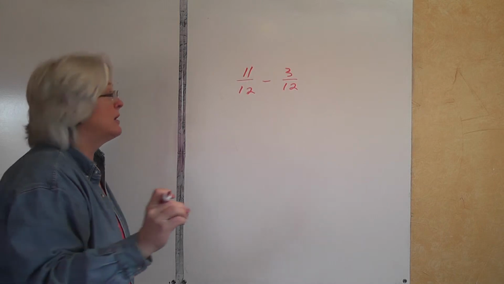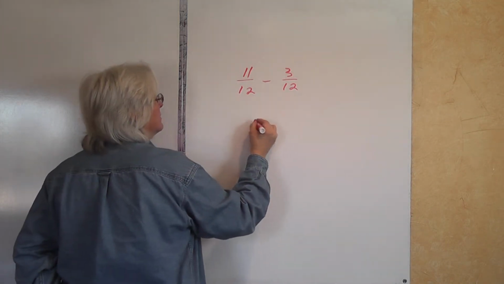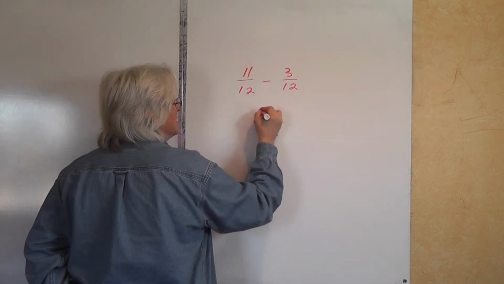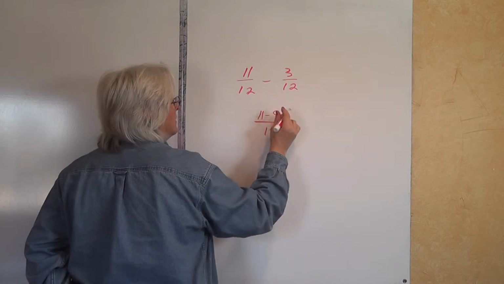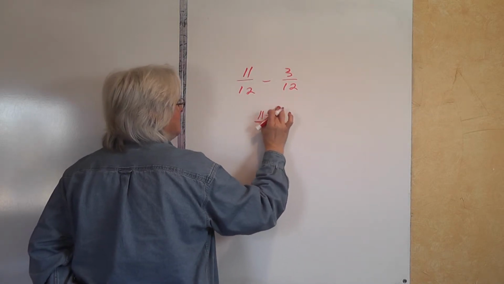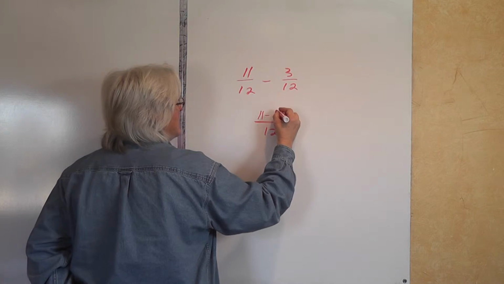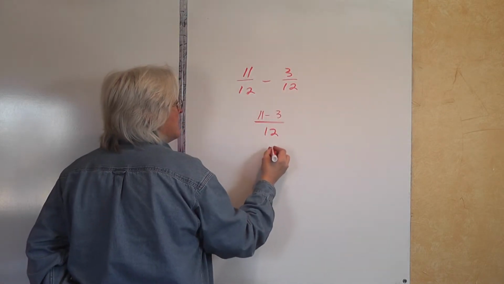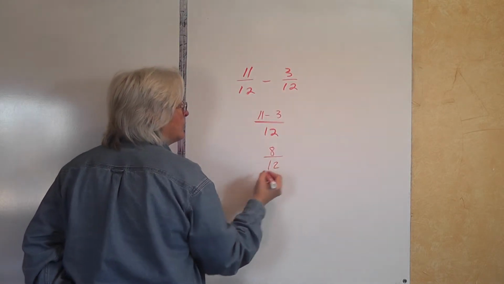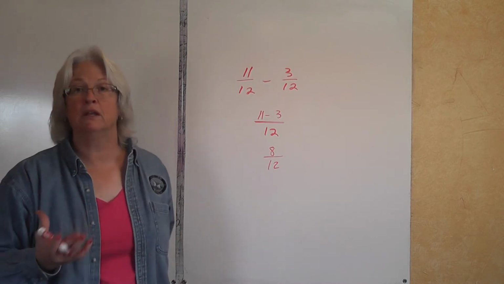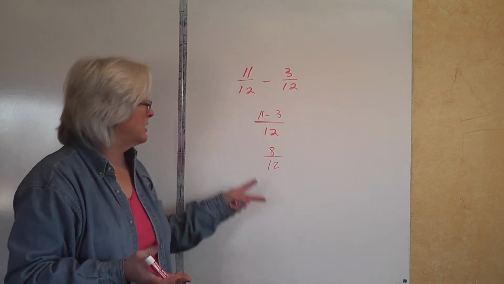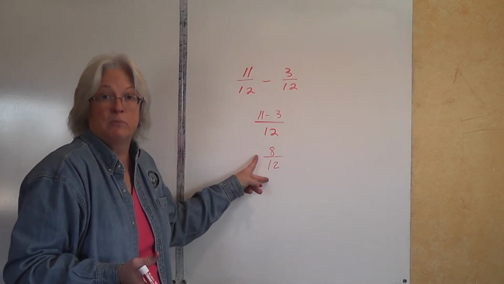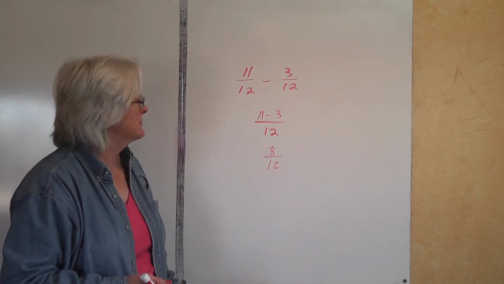Because we have the same denominator here, which is a 12, all we have to do is subtract the numerators, and I just gave you the answer instead of writing 11 minus 3. 11 minus 3 is 8/12. And you immediately recognize that that fraction is not reduced to lowest terms because they're both even numbers.